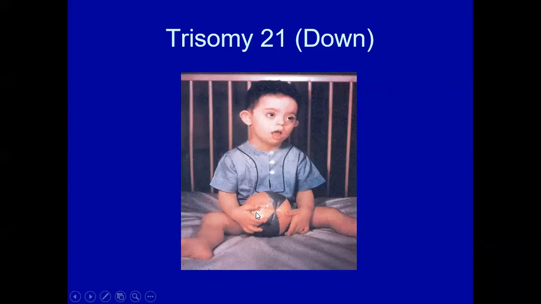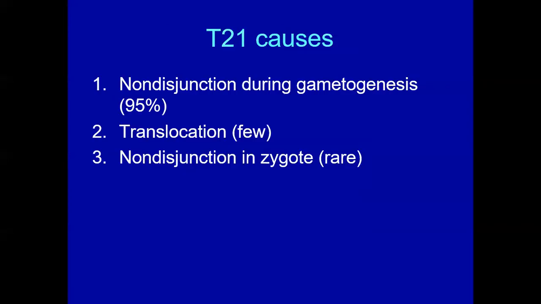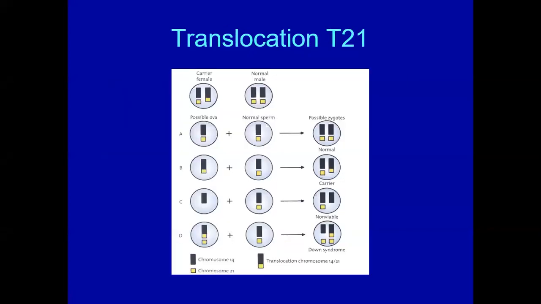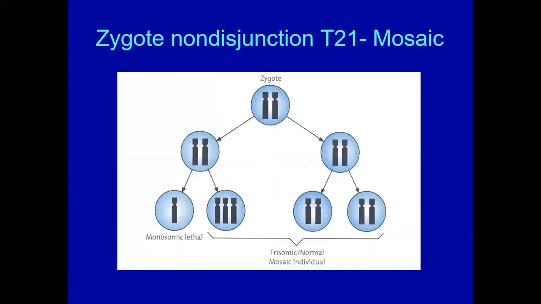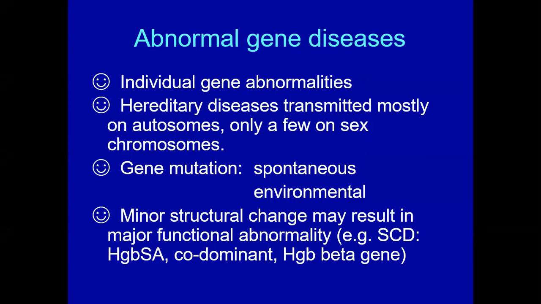This is also a case of trisomy 21. Important causes are non-disjunction and translocation. This is abnormal; these are genetic disorders.